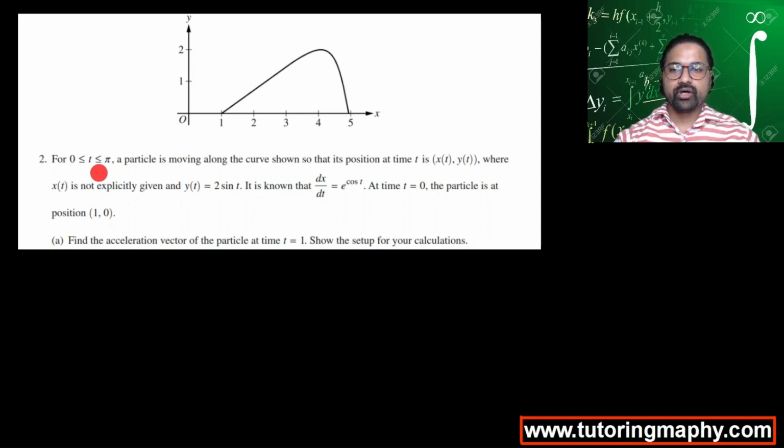For 0 to pi time, a particle is moving along the curve shown, so its position at particular time, X and Y positions, are given by this particular graph, where X is not explicitly given and Y(t) is 2 sine t. All right, Y(t) is 2 sine t, so that makes perfect sense. X is not defined in terms of t, but Y is defined in terms of t. That's what they want to say.